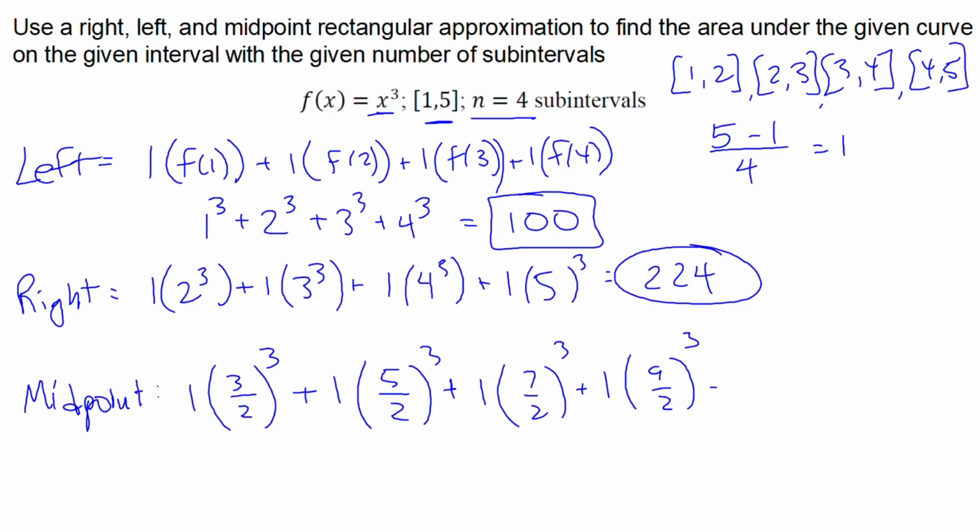Let's see, we've got 27 plus 125. 7 cubed is 343, and 9 cubed is 729. And so all of that divided by 8. If we add those together, 729 plus 343 plus 125 plus 27 is 1224. 1224 divided by 8 just gives you 153.